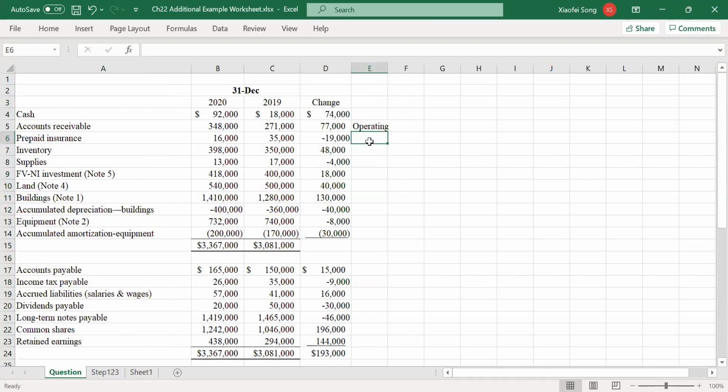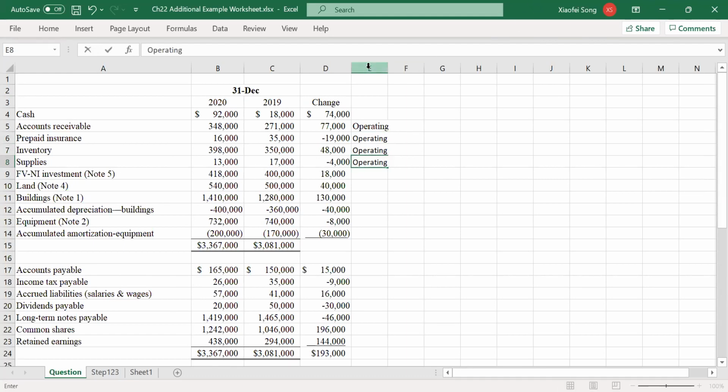We need insurance expense in the income statement, and insurance premium paid in the statement of cash flow. So this is operating, a change in non-cash working capital. Inventory is part of the difference between cost of goods sold and cash paid to suppliers for inventory purchases. So this is operating, a change in working capital, right? Supplies, same.